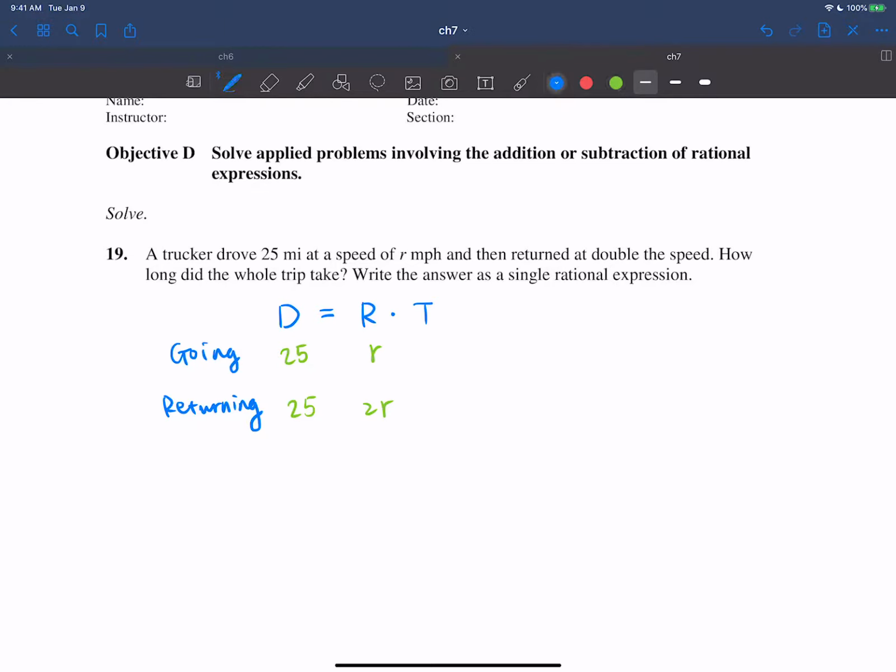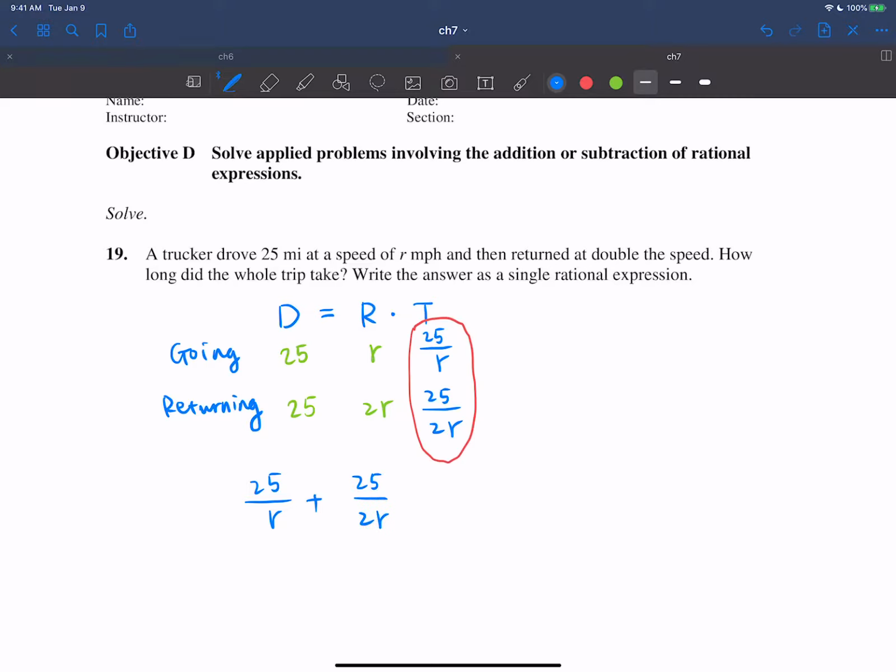Therefore, this is 25 over r. As for the returning, it will be 25 over 2r. And now the question is talking about the total time that it takes to go and return. So we simply add these two, and that will be our final answer. 25 over r plus 25 over 2r. And we just need to simplify these two.